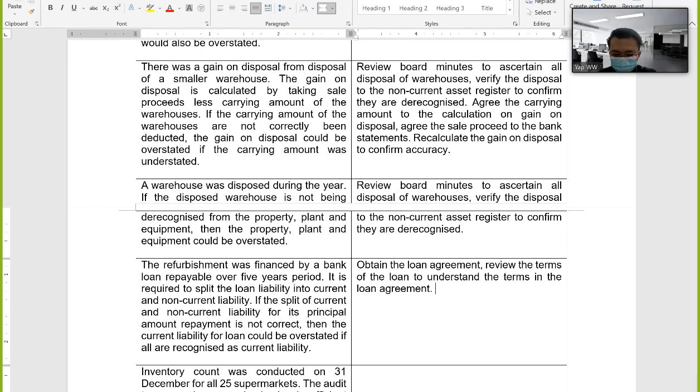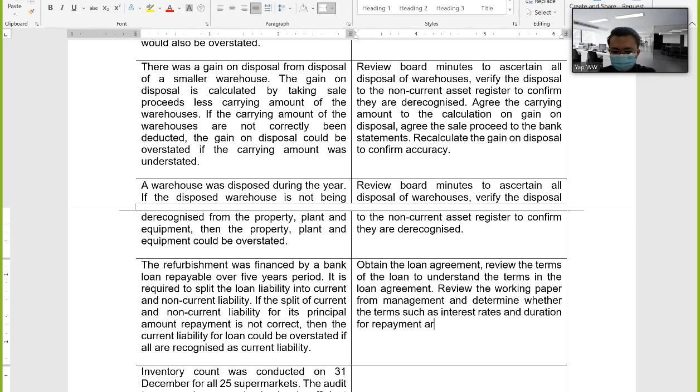So you get this working paper, okay, review the working paper from management, and determine whether the terms such as interest rate and duration for repayment are correctly incorporated into the calculation for the split of liability into current and non-current.